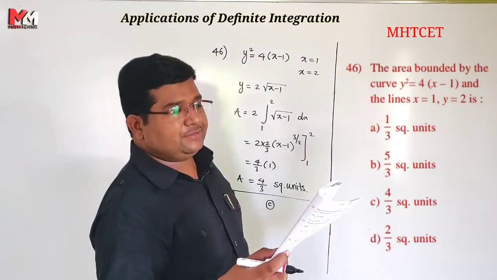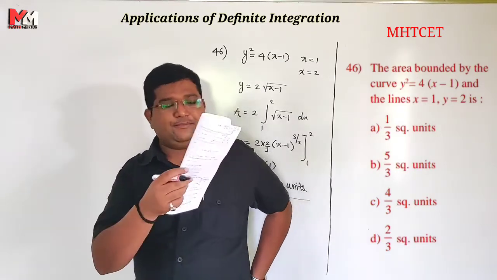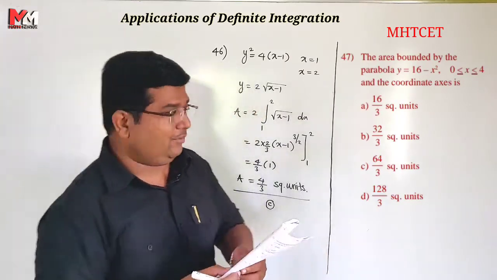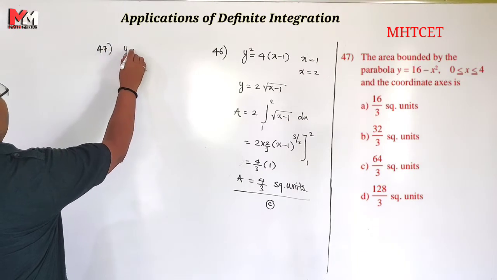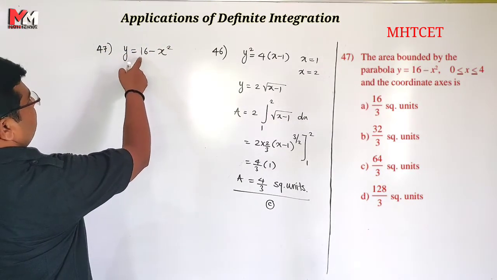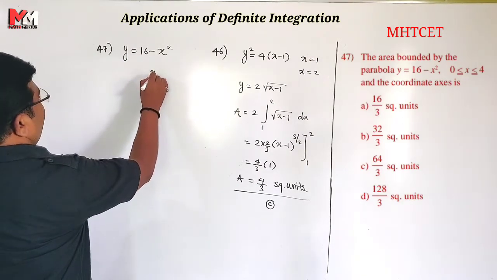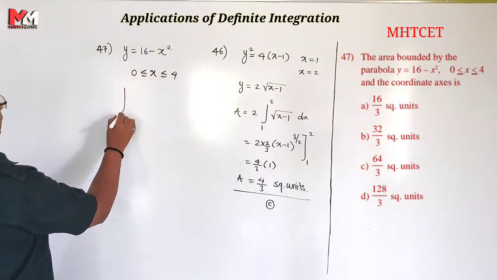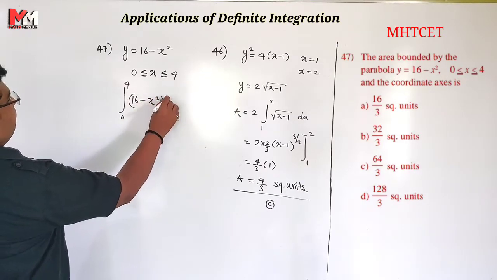Next, after completion of 46, MCQ number 47. The area bounded by the parabola y is equal to 16 minus x square. We already explained to express in the form y is equal to f of x. So x lies between 0 and 4. Integration from 0 to 4, 16 minus x square dx.